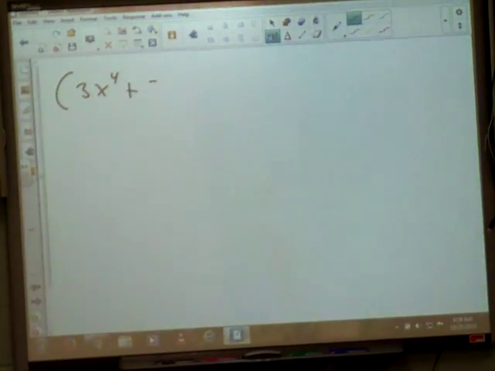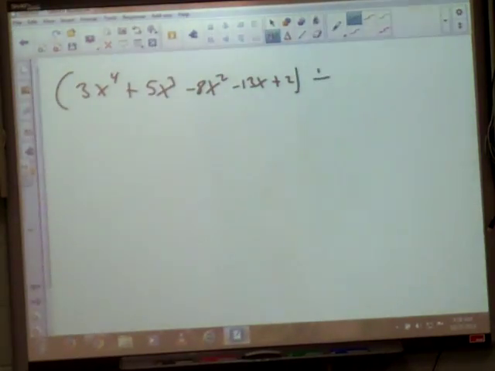This one will have to be long. Minus 8x squared minus 13x plus 2, divided by x squared minus 5.